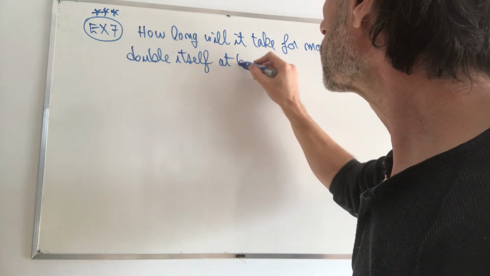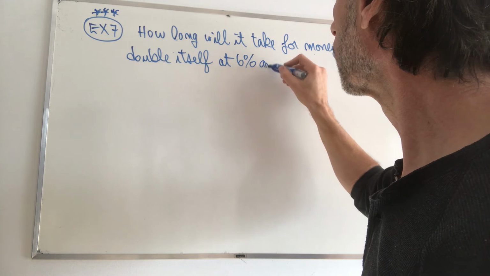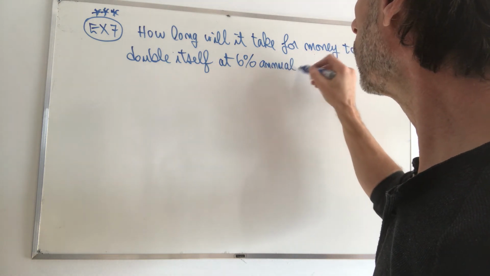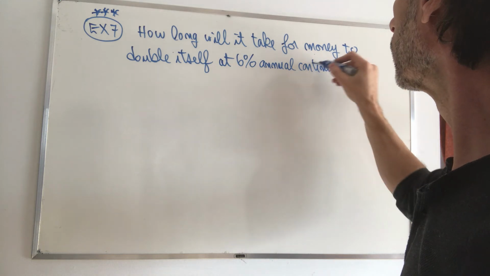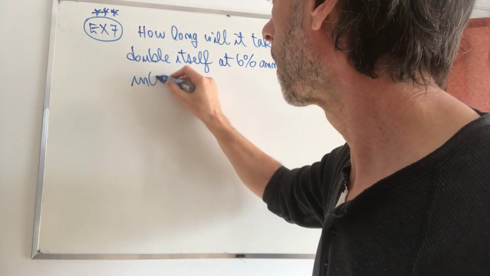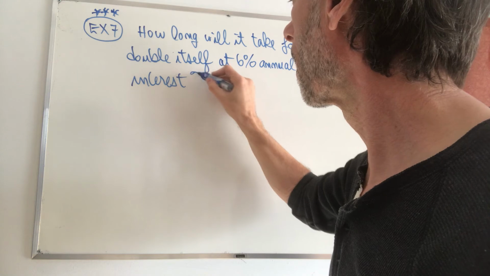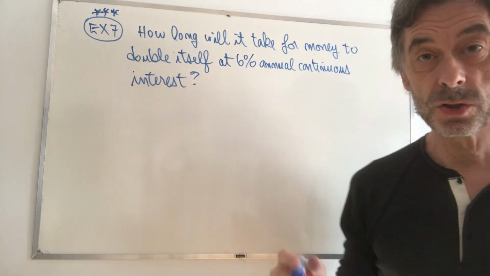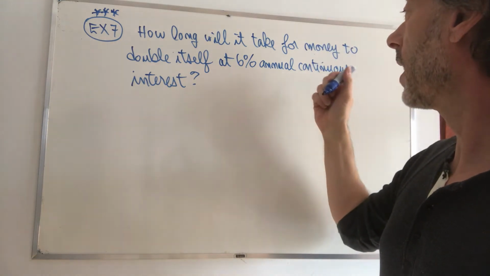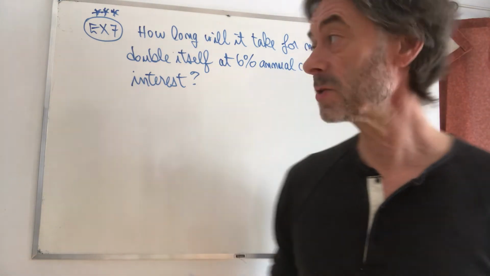At 6% annual continuous interest. How long will it take for money to double itself at annual interest of 6%?